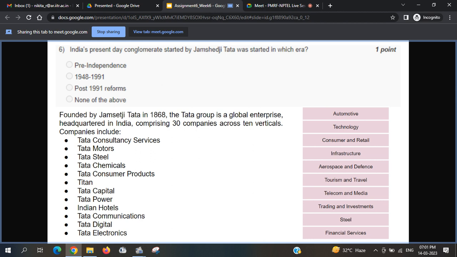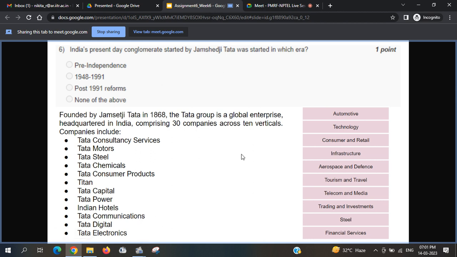This would have been showed in the lectures as well, that industrial and economic growth in India can be divided into four sections, which is the pre-independence era, era from 1948, which is after independence, to 1991, and then the era after the 1991 economic reforms, and then the present times.